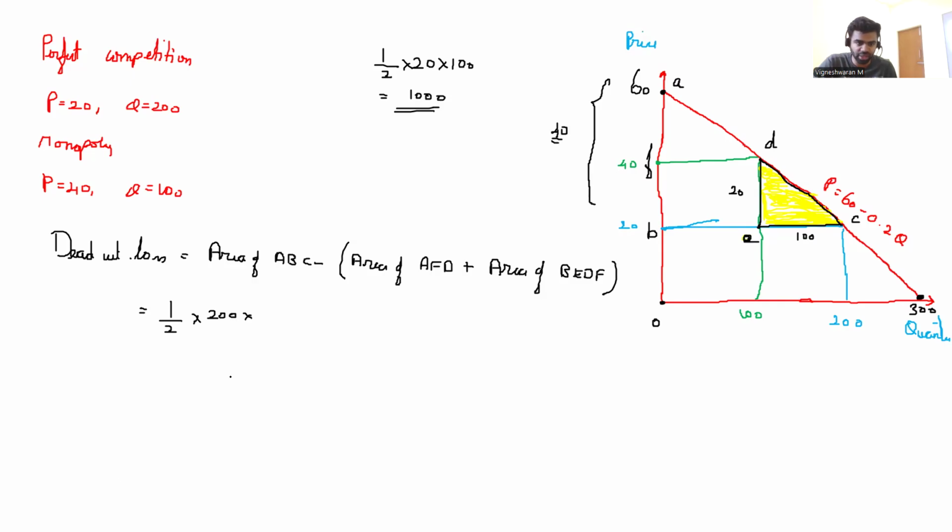So 200 into 40, minus area of AFD, 1 by 2 into the length 100, height is 60 minus 40, that is 20, plus area of BEDF, that is a rectangle, right? So 100 into 20.